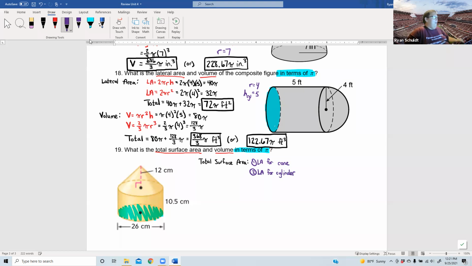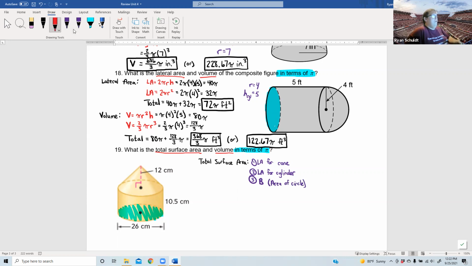That's going to get us around the side. And then we'll do big B, or the area of the circle. Why don't we do that method?